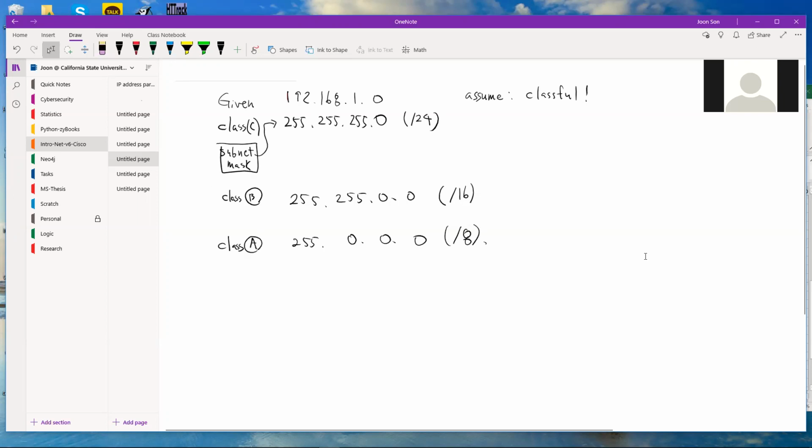Okay, could you please briefly tell me what the subnet mask does? Why do we need the subnet mask? What is the main goal of having this subnet mask information? It's how many networks there are or hosts?